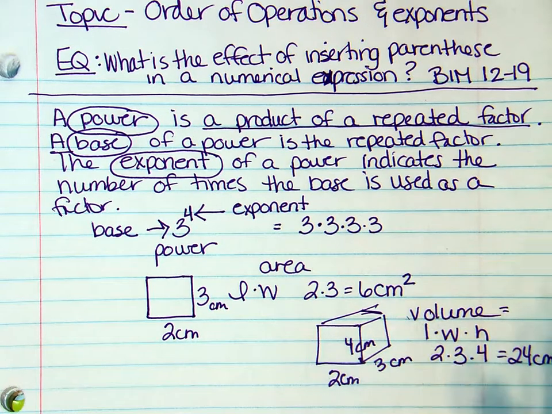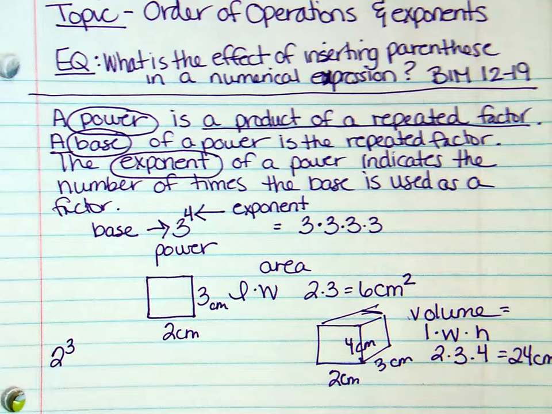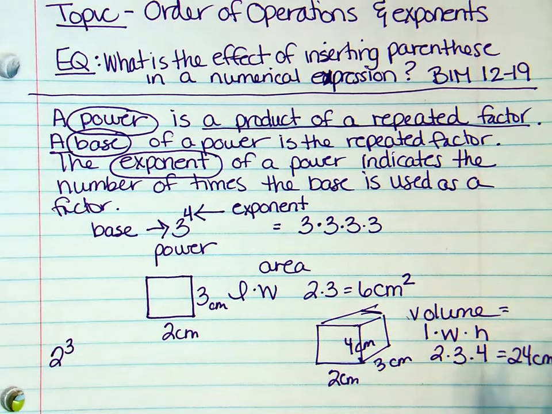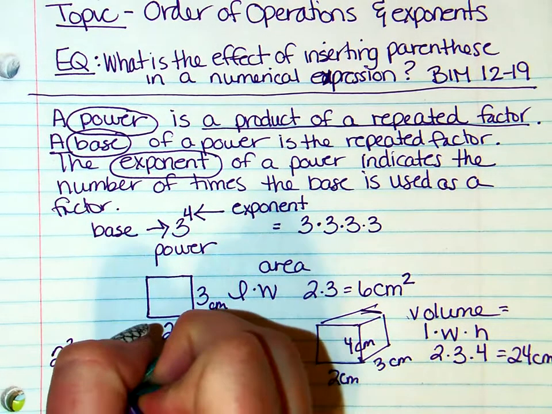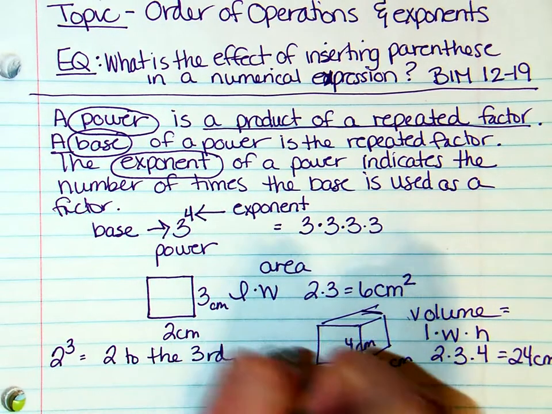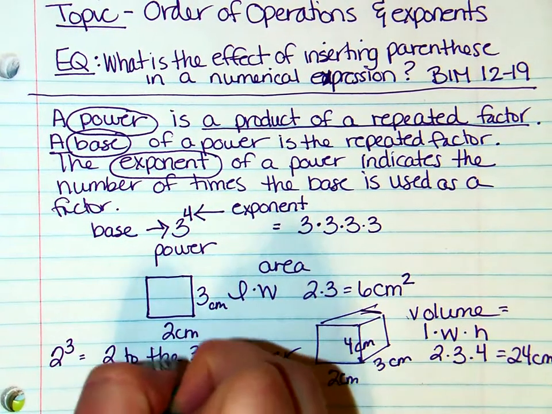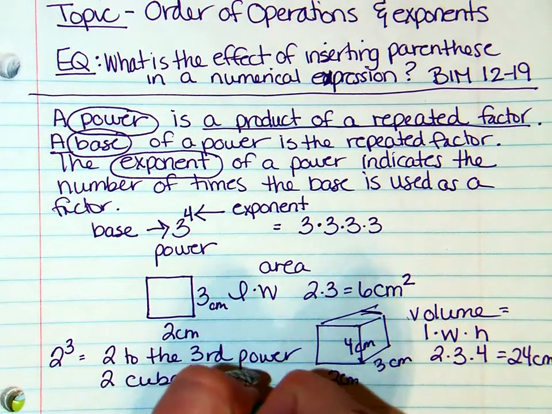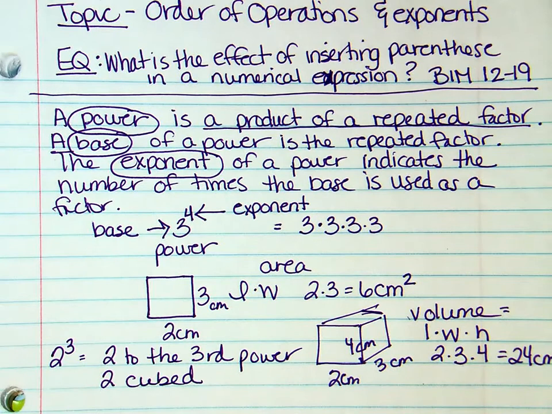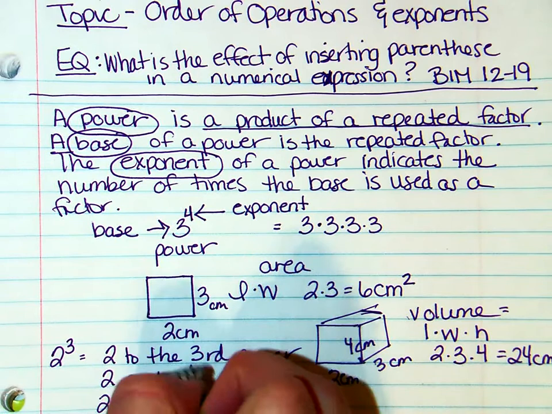We also can write it in extended form. So let's say we had 2 to the third power, okay? I could write this as 2 to the third power. I could write this as 2 cubed. And it would look like 2 times 2 times 2.